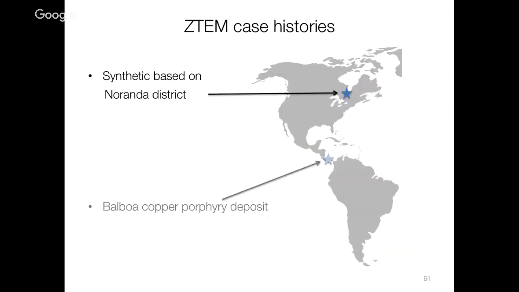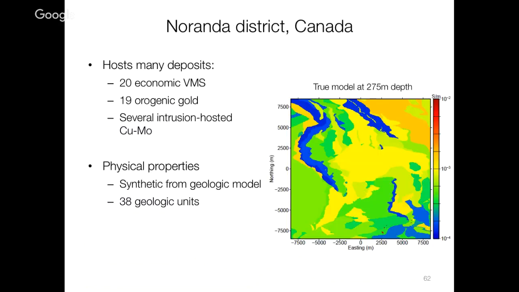Okay, I'm going to have sort of two case histories. One is a synthetic from the Noranda district in Canada. The other is the Balboa copper deposit in Panama. The Noranda district in eastern Canada has been a very productive mineralization zone for over 100 years.